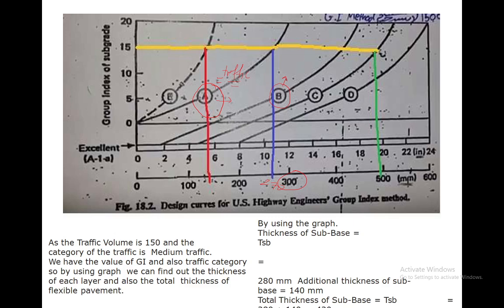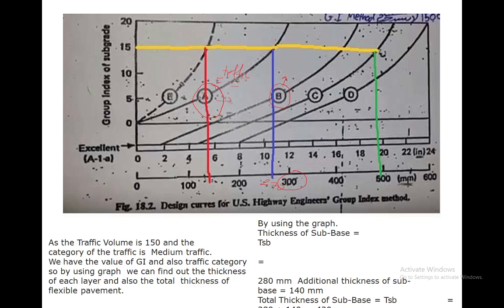The curve E actually gives us the additional base thickness, which is basically the sub base thickness of curve A, if sub base is not to be provided. As maybe you have an idea, we have the assumption in the pavement design that sub base may or may not be provided.